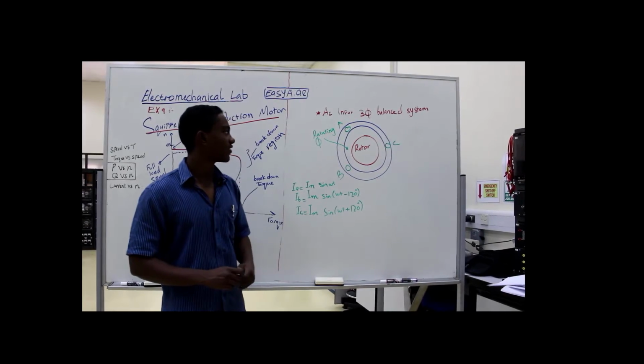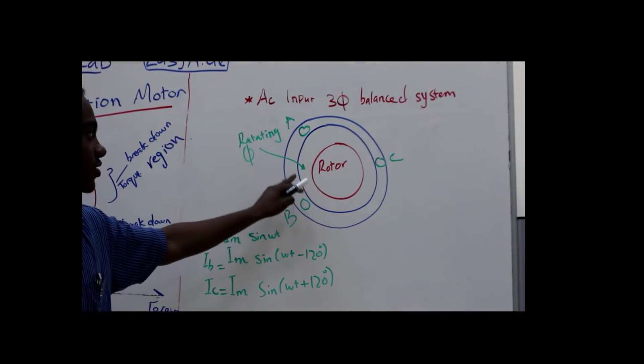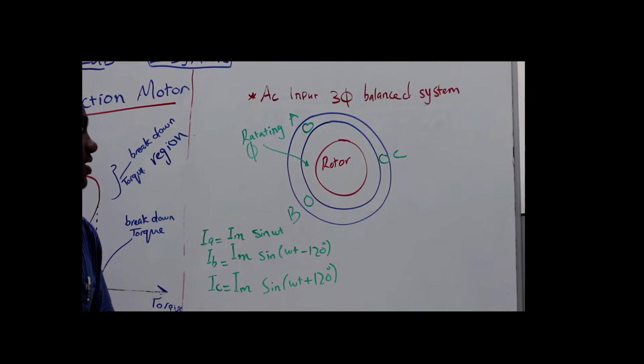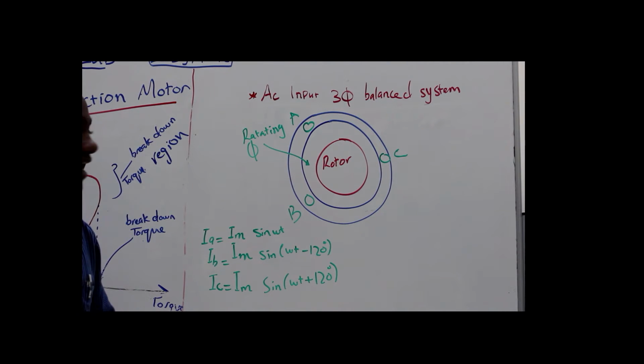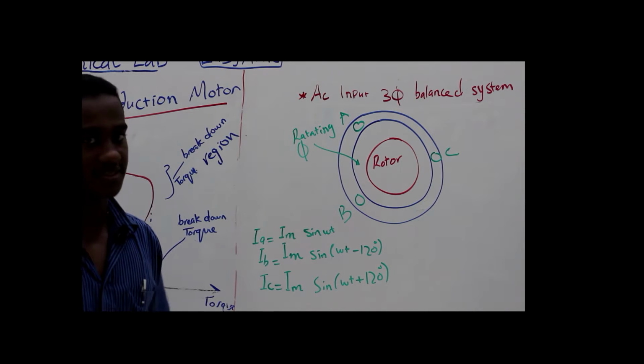Each one is connected to a phase of the voltage, and they are mechanically 120 degrees apart, and electrically the voltage is also 120 degrees apart, which results in a rotating magnetic field, rotating flux phi.